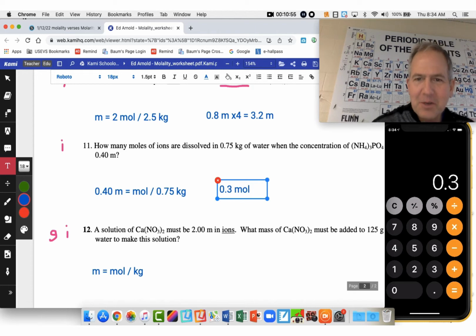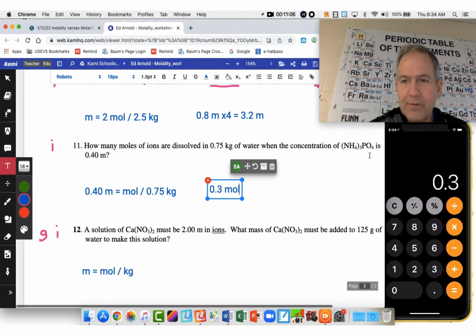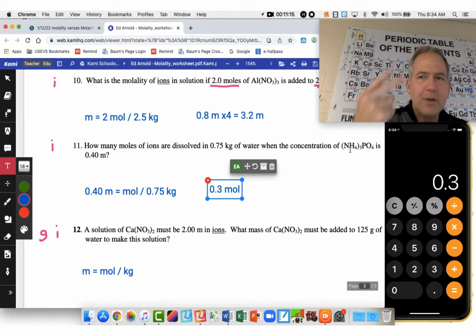So there's your moles. Now we're trying to find out how many moles of the ions. So let's look at this thing. It splits up into 3 ammoniums and 1 phosphate, right? This should have been in parentheses. I can't put them in now, so that PO4 is phosphate. So there's only going to be 2 types of ions in almost everything you see.